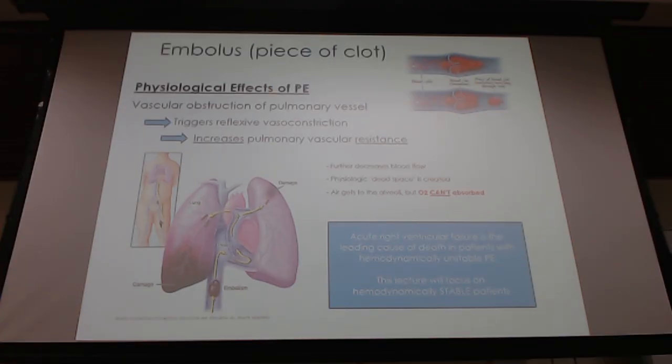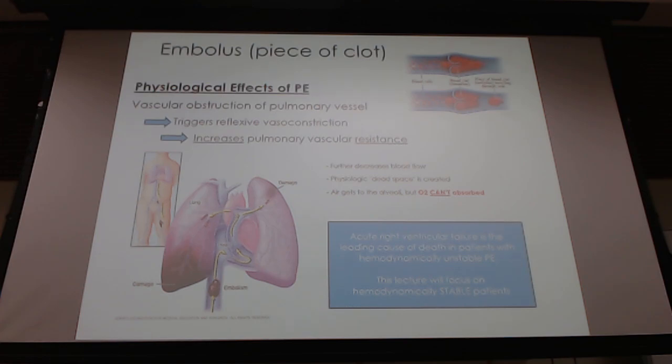So when this piece of this clot breaks off, there's some physiologic effects. In addition to simply blocking it, the other physiologic effects that make this worse is that it actually can trigger a vasoconstriction in that vessel and cause increases in pulmonary vascular resistance.